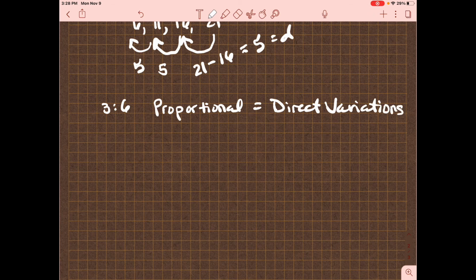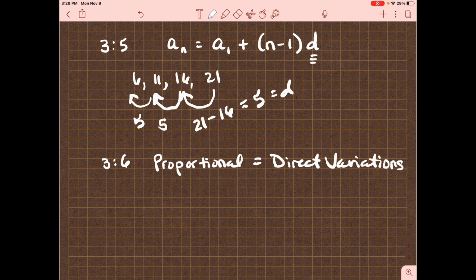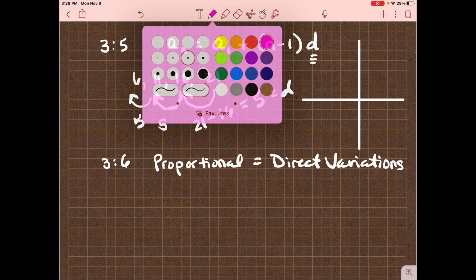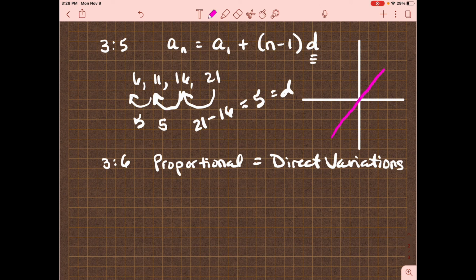I don't know if we said that about direct variations up here, but it's true for proportional relationships or direct variations. They always cross right through the origin, and then they go up or down, and they have slope.